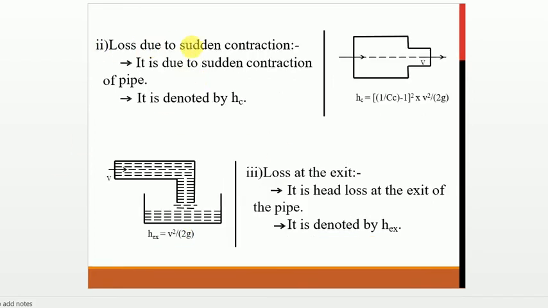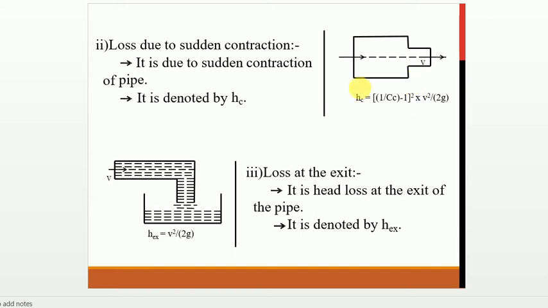Next, loss due to sudden contraction. Here we have a larger pipe which suddenly contracts. It is denoted by HC, so head loss due to sudden contraction is equal to (1 by Cc minus 1) whole square, where Cc is the coefficient of contraction, which varies around 0.6.